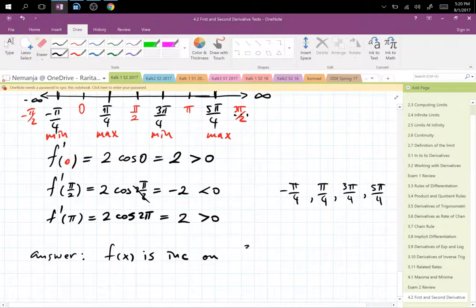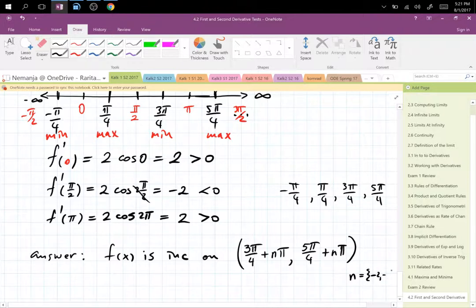So 3 pi over 4 plus n pi, comma, 5 pi over 4 plus n pi. Okay, so these are all of them, and then this n, negative 2, n could be any positive or negative number, right?